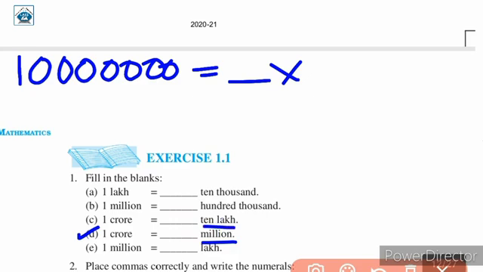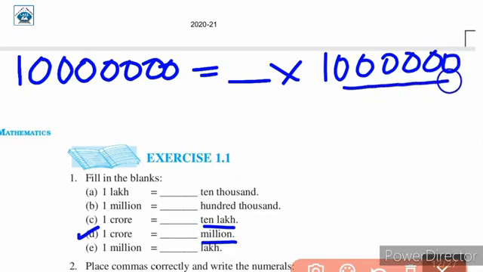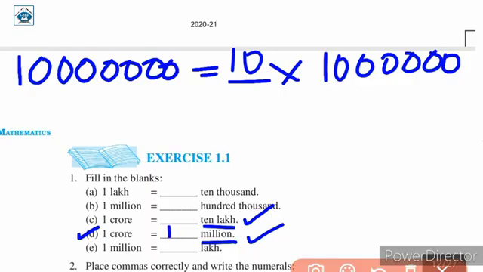So just like 10 lakh, this will have 6 zeros. 1 followed by 6 zeros. That is how you will write 1 million. So here again 6 zeros and here 7 zeros. So 10 is missing, because I have already told you that 10 lakh and 1 million are equal. If 1 crore is 10 lakh, then 1 crore will also be equal to 10 million.